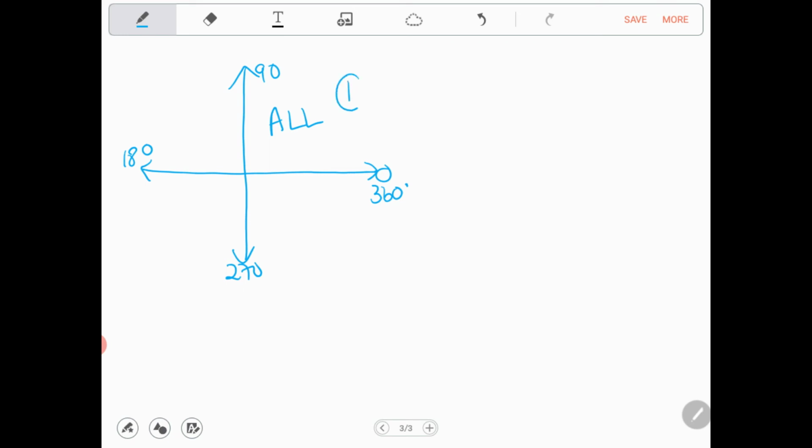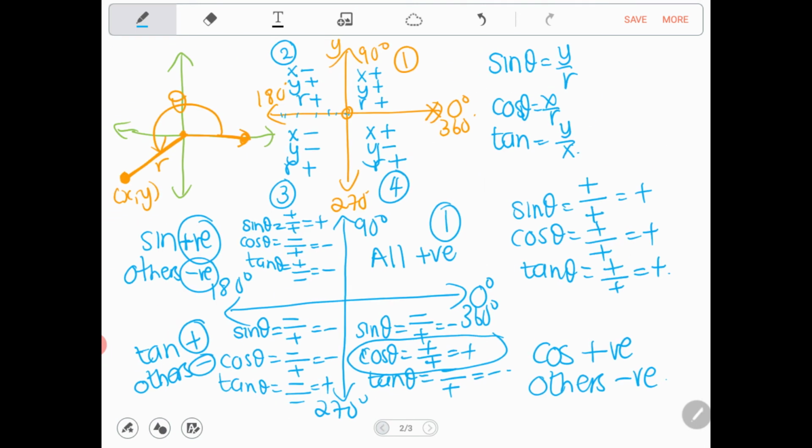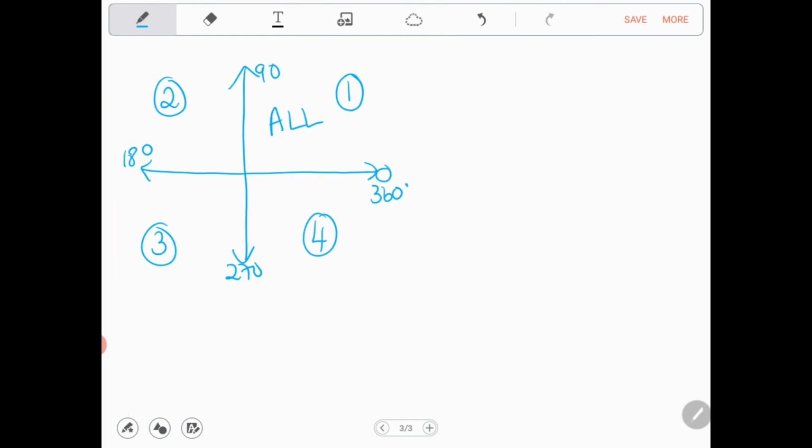So this is quadrant 1, quadrant 2, quadrant 3 and quadrant 4. Okay, so they were all positive in the first quadrant. In the second quadrant here, only sine was positive. So that's what we're going to write there.